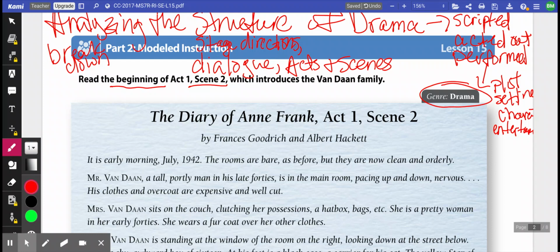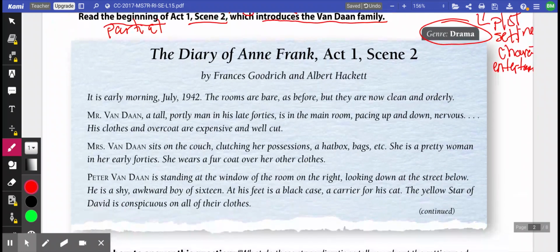So we're also making sure that you realize we're reading the beginning, because it means we're only getting a partial part of this scene. And our instructions even tell us that it is going to introduce the Van Daan family. Okay, so scroll up. All right, now when we introduce the Van Daans, well, by the way, we are reading The Diary of Anne Frank.